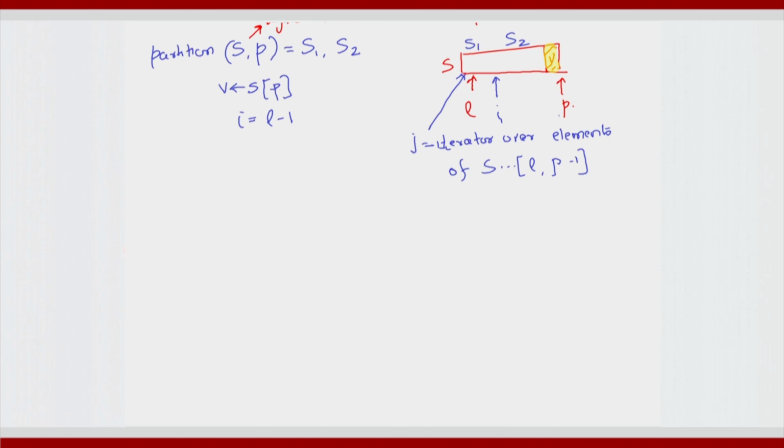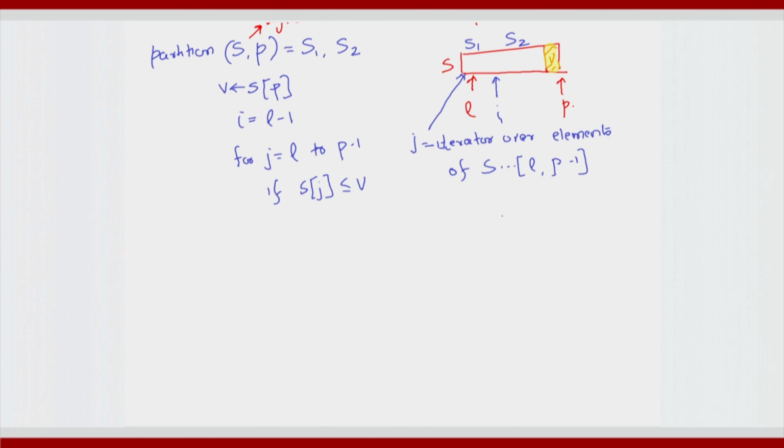We are of course not interested in scanning P when we compare with P itself. So what we do is for j equals L, you need to start scanning from the first element to P minus 1. Now you are going to check if this jth element Sj is indeed less than or equal to V.